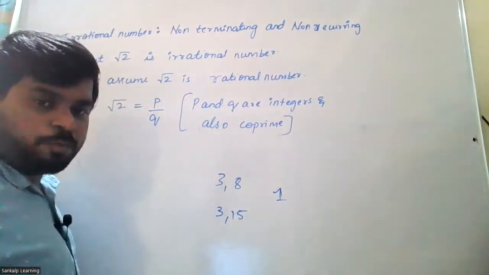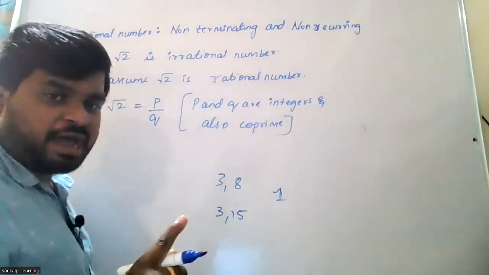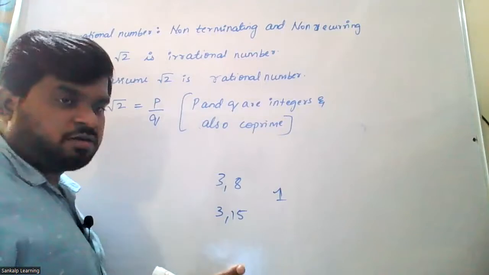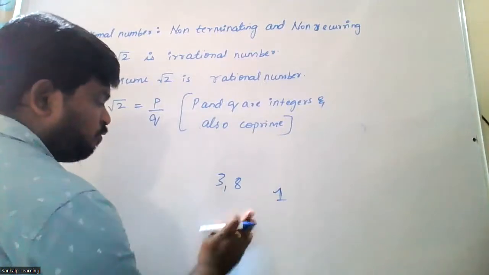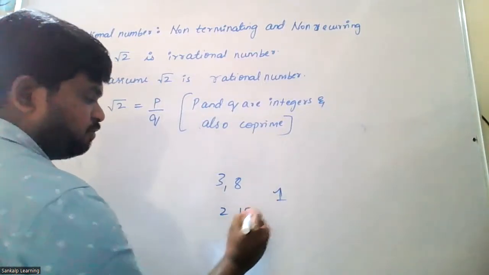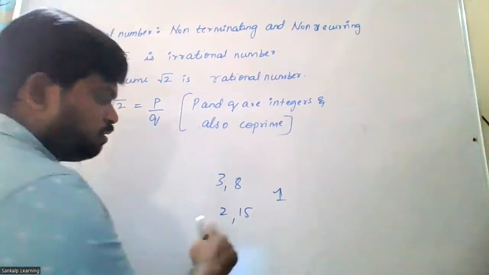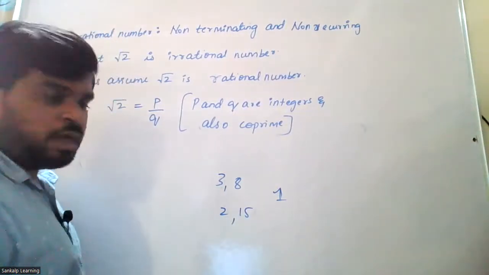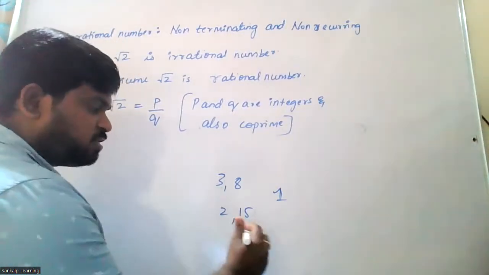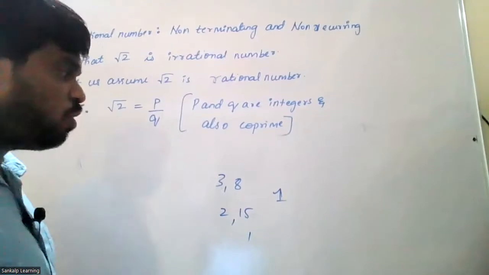Numbers are said to be co-prime if they have only one number as a common factor, that is 1. For example, let's take 2 and 15. These two are co-prime because the only number that divides them is 1.